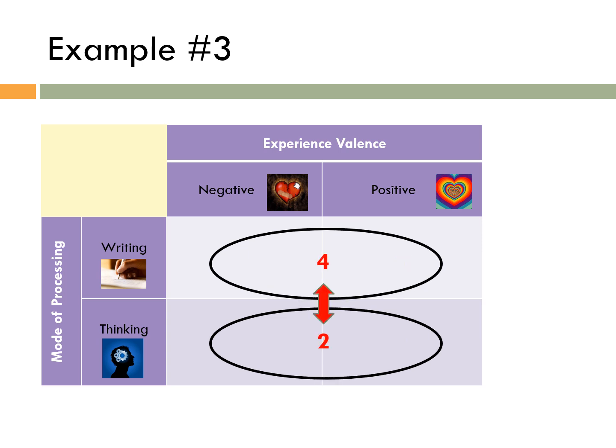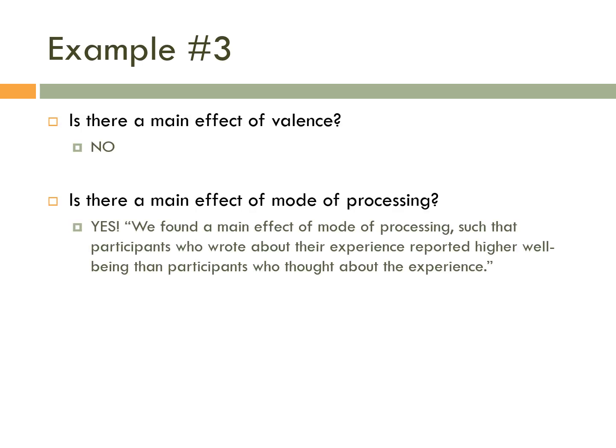And are those different? Yeah, they are. So yes, we found a main effect of mode of processing, such that participants who wrote about their experience reported higher well-being than participants who thought about the experience. Yay for us. Again, we could have done this with a simple one-way analysis, but here we go.